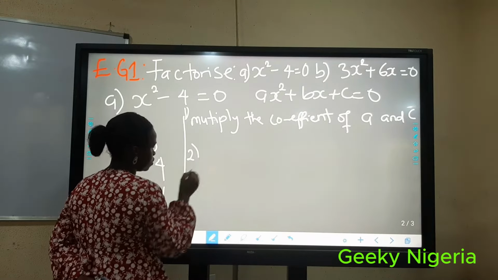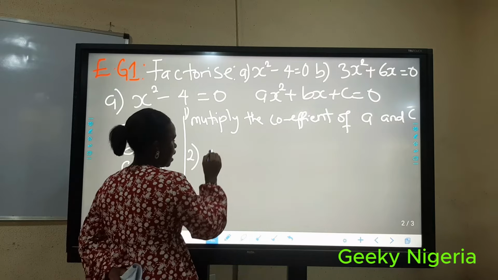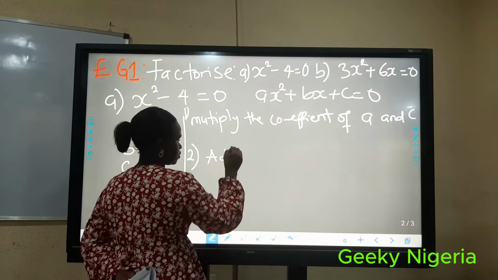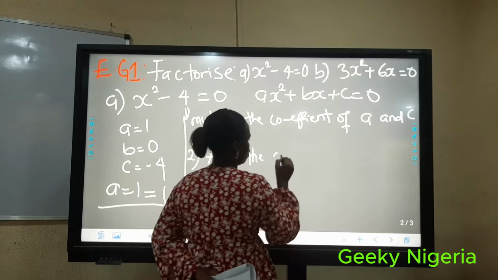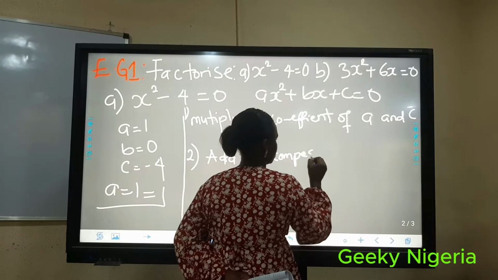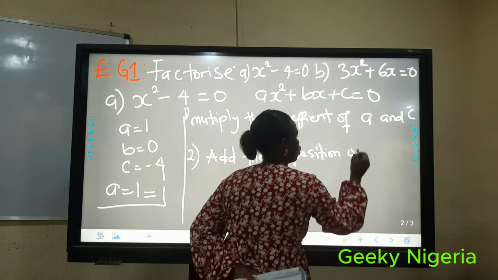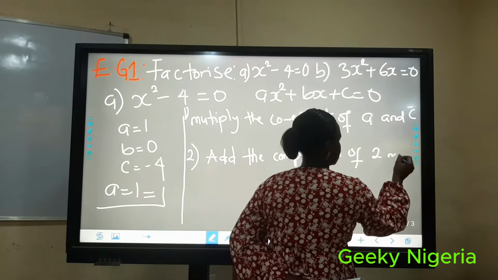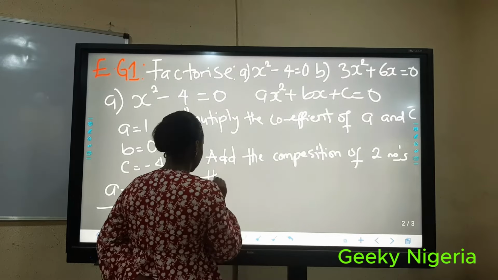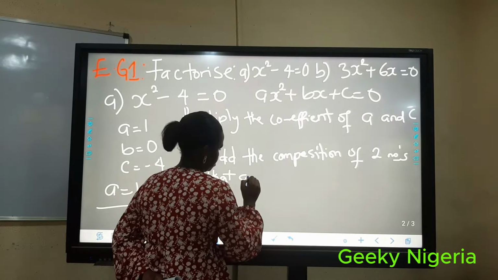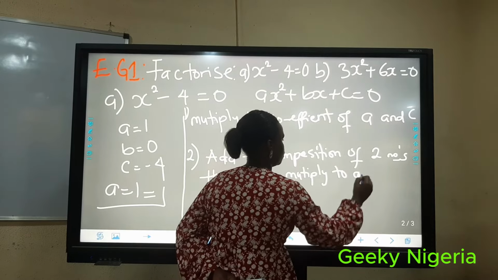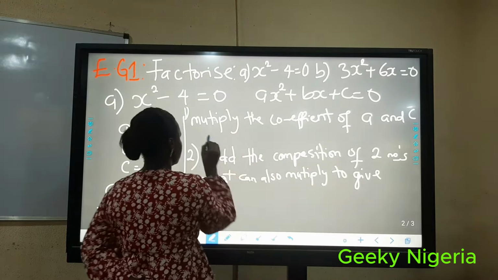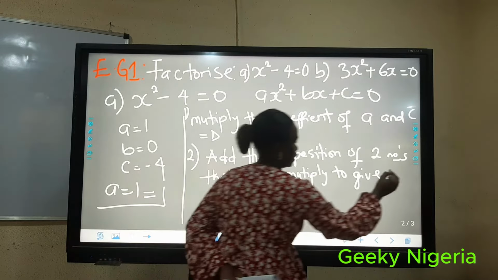Then second, you find the two numbers that can also multiply to give, let's call this a and c, if you multiply it to get d, to give d.